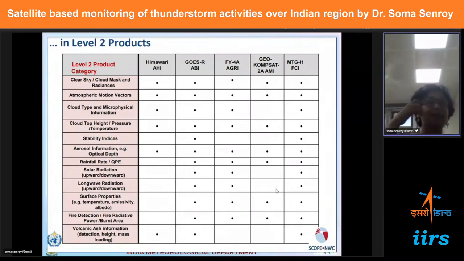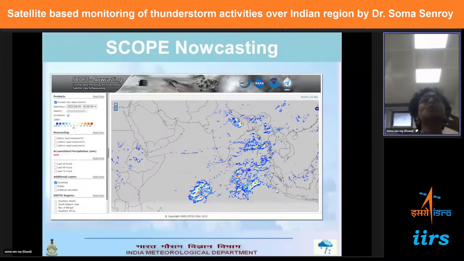So these can be combined to form a global composite, and nowcasting can be done. Scope nowcasting is one such product. There are many such products that are being derived. Within ISRO also, people are working on these algorithms. These softwares basically work on the principle of pattern matching and forecasting.